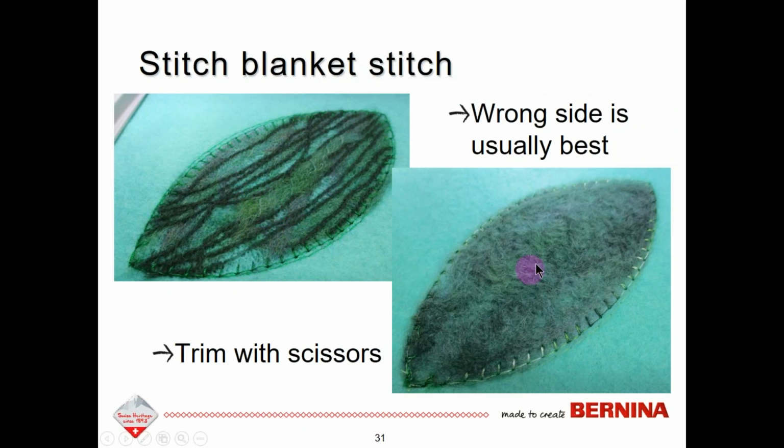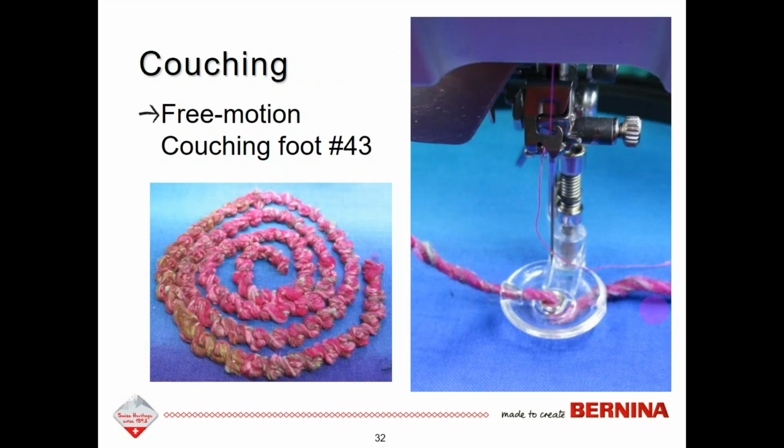So this was the right side, this was the wrong side. And the wrong side creates a more subtle effect. And so I felt like I wanted to use the wrong side. And that's why I reset with regular tension. And then I just trimmed close to the stitching around the leaf.